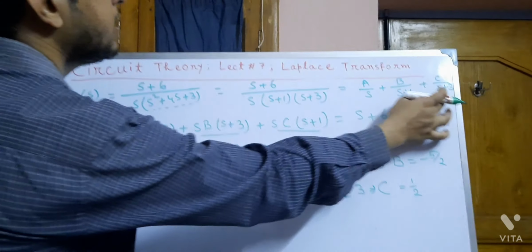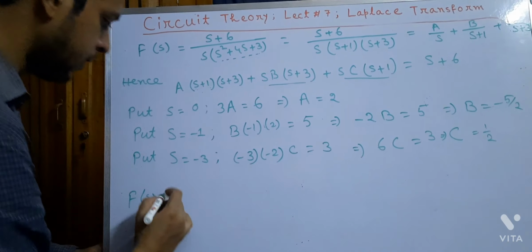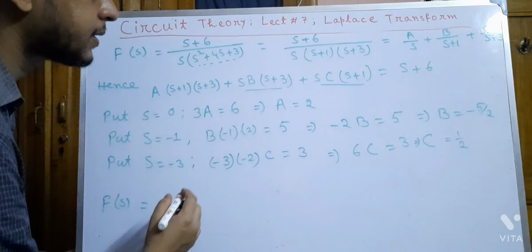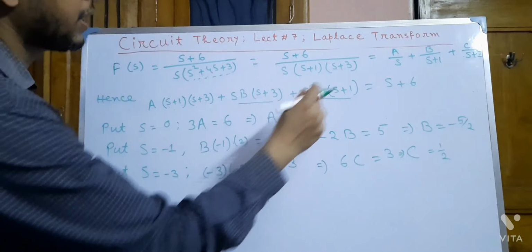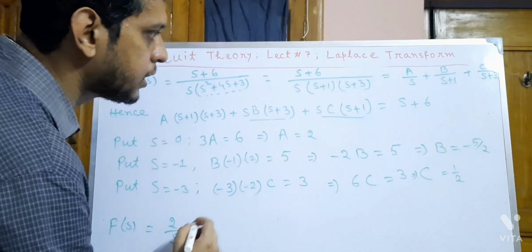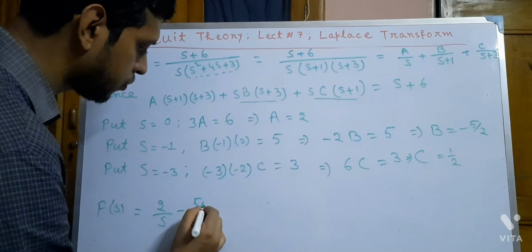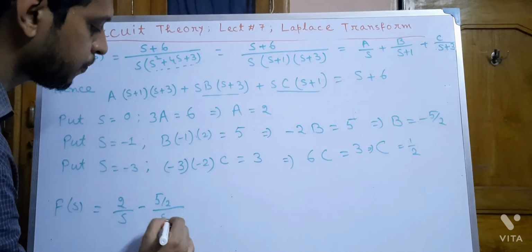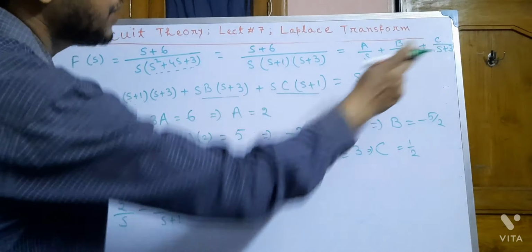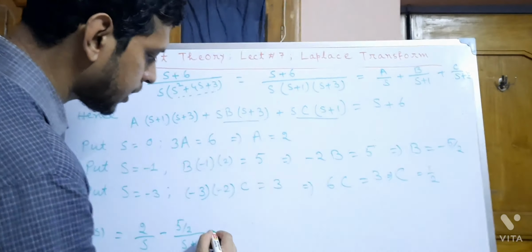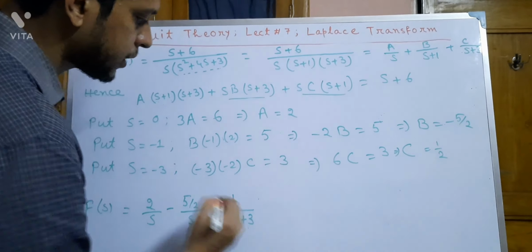Now from this expression, F(s) is equal to a by s, a means 2, so 2 by s plus b by s plus 1, b equal to minus 5 by 2, so minus 5 by 2 by s plus 1, plus c by s plus 3, c means half, so half by s plus 3.